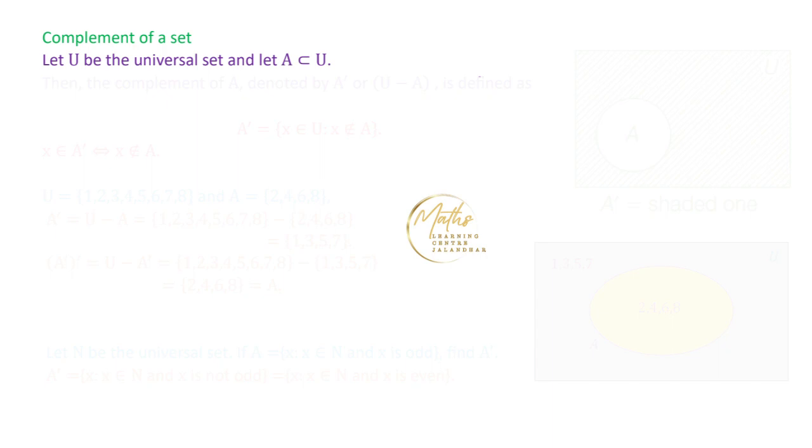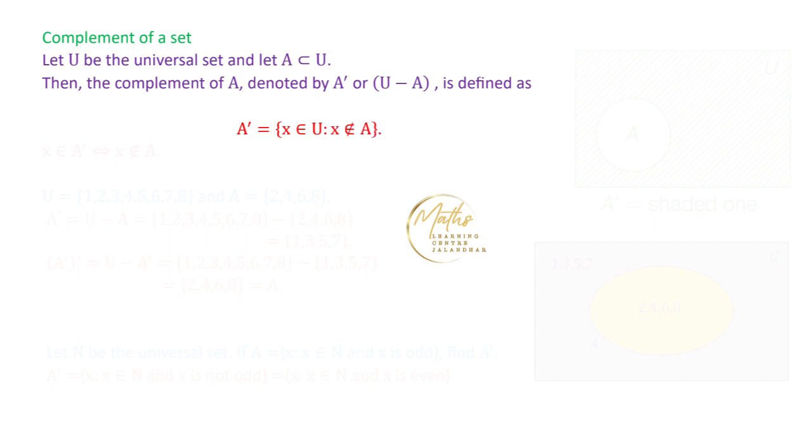The complement of A is denoted by this symbol, or it is U minus A, and it is defined like this. This A dash or complement of A consists of those elements of the universal set which are not members of A.